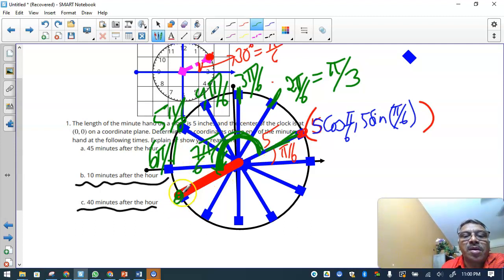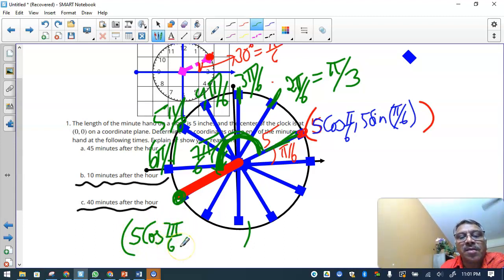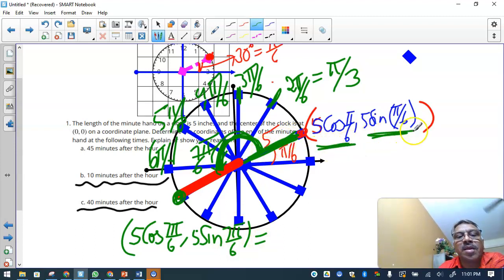So when you write the coordinate here, because the minute hand is at distance 5, you write 5 cosine of 7 pi by 6, and the other one is 5 sine of 7 pi by 6. Or you can see it is opposite to this side, right? Whatever is here, it is in the third quadrant, both minus.